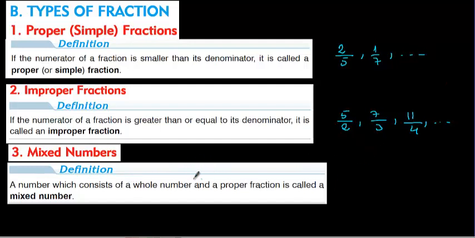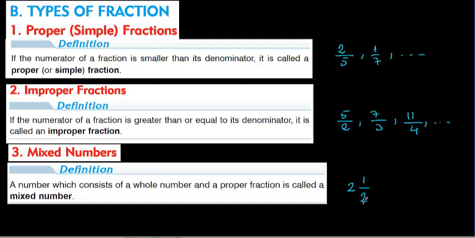Mixed numbers consist of a whole part and a proper fraction. This part is important. For example, 2 and 1/3, and also 1.5. We also use half, so instead of over 2 we use half.